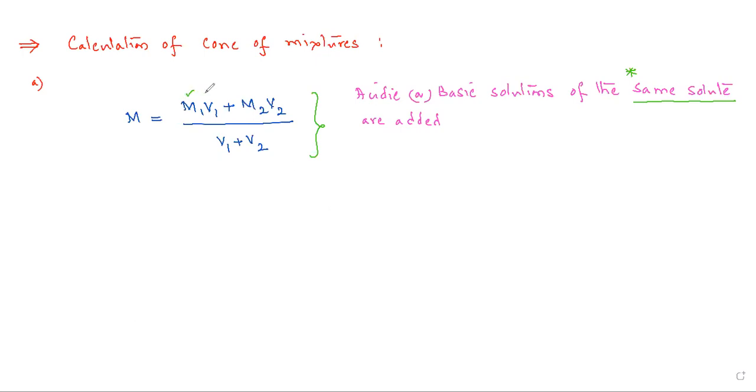Now, this is molarity and volume. Okay. Supposing we have 100 ml 0.1 M solution and of course 200 ml 0.2 M solution, then the resultant molarity can be calculated as this.